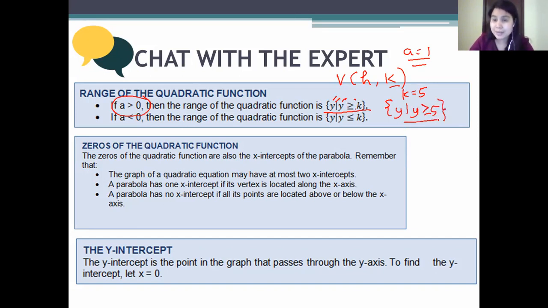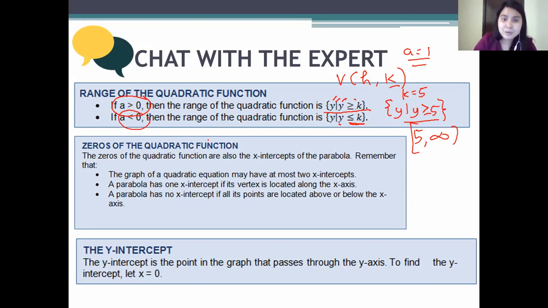How will I interpret this? It means that the range, or the possible values of your y, starts from 5 to positive infinity. But if your a is negative, then your y should be less than or equal to k.